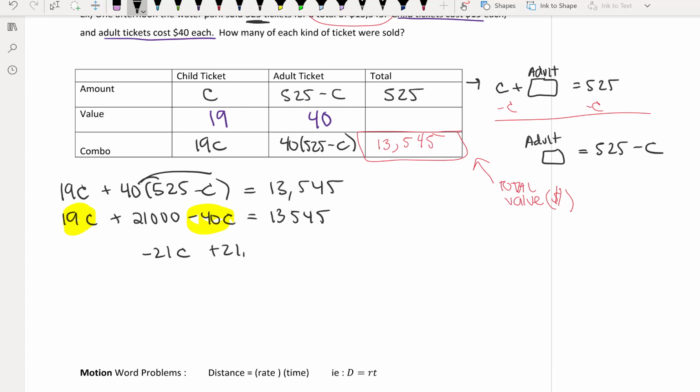And I still have that 21,000 is equal to that 13,545. Now I'm going to subtract that 21,000 from both sides.